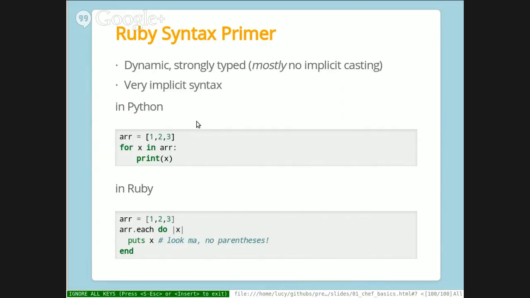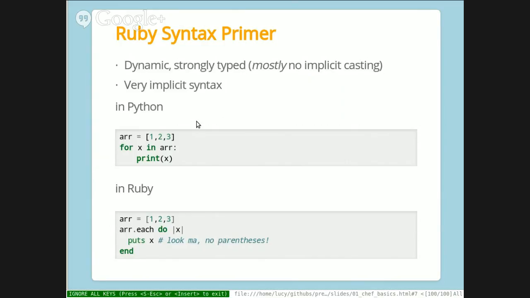Python is kind of duck typed. If it walks like a duck and talks like a duck, it is a duck. And Ruby's a little less like that. It's a little more rigid. If you declare something as a float, say, it will not change it to an int. So let's move on.